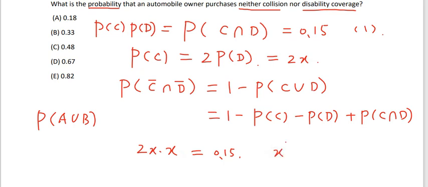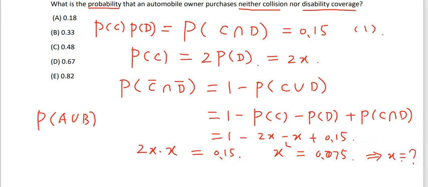So X squared equals that value, and we can find X. Then this probability equals 1 minus 2X minus X plus the both-probability. So here we need to find X, so we need to calculate.